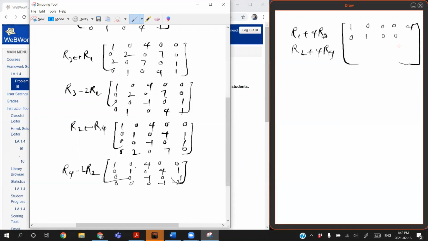And then 4 times -2 is going to give me -8. And for the last two rows, at this point, I'm going to multiply by a -1. So I get 0, 0, 1, 0, -1, 0, 0, 0, 1, 2. That gives me the answer. Yes? 4, -8, -1, 2. Yes?